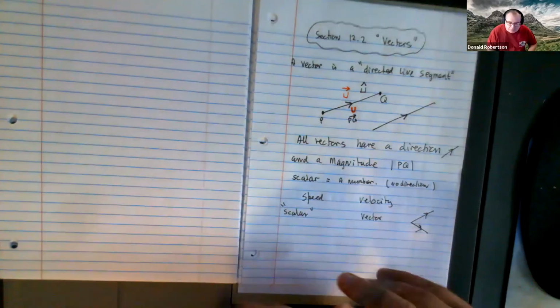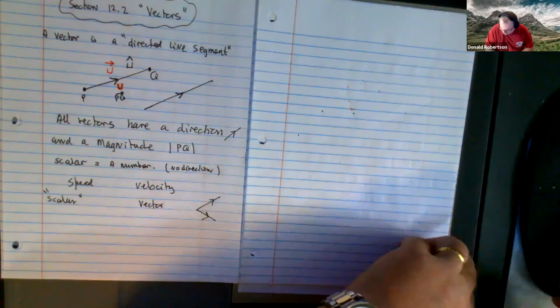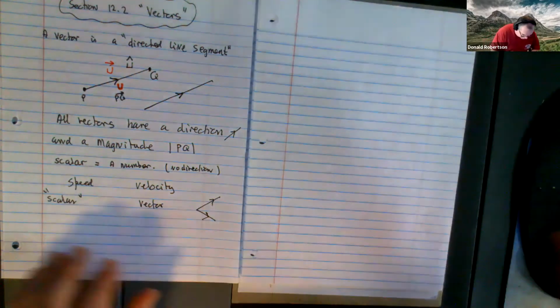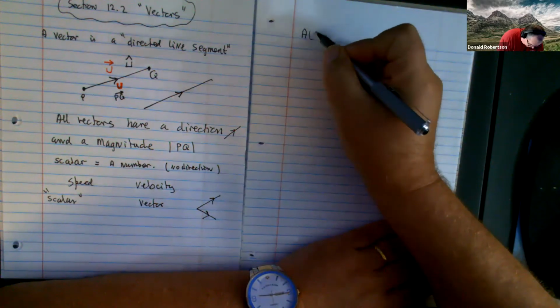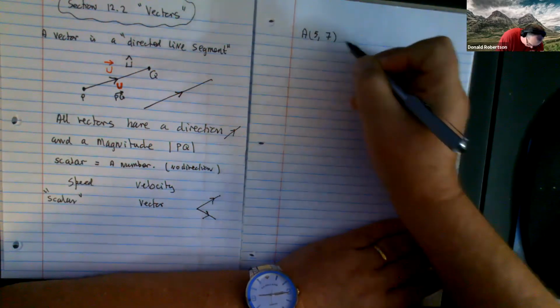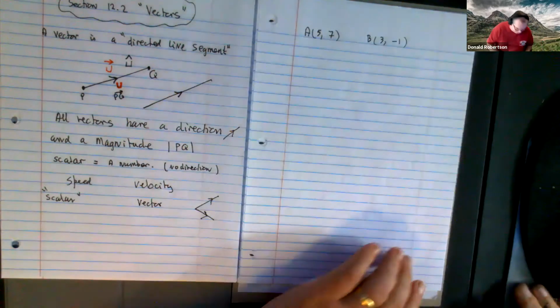So how do we represent vectors? How do we put numbers on them so that people can visualize them and do sketches of them? We'll do it with 2 dimensions and then move on to 3. Suppose I have the point A at (5, 7) and B is the point (3, -1), just for argument's sake.